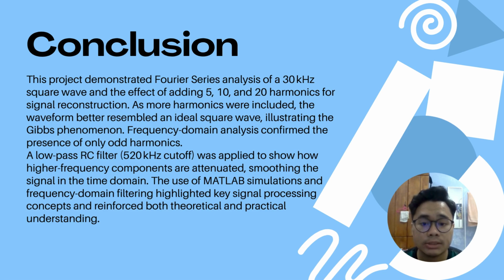A low-pass RC filter with 520 kHz cutoff was applied to show how high-frequency components are attenuated, smoothing the signal in the time domain. The use of MATLAB simulation and frequency domain filtering highlighted key signal processing concepts and reinforced both theoretical and practical understanding.